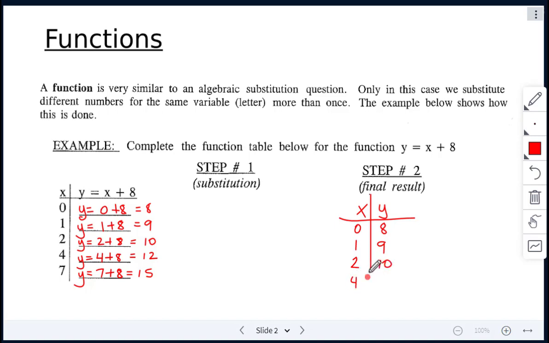When we have 4, the value was 12. And then when we had 7, our value was 15. And what you're going to notice now is we have x and y values, and x and y values are what we use to plot on a coordinate grid or on a graph.